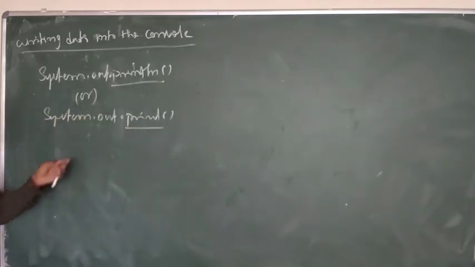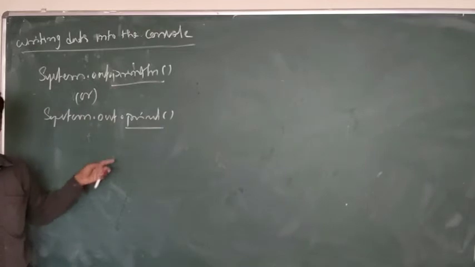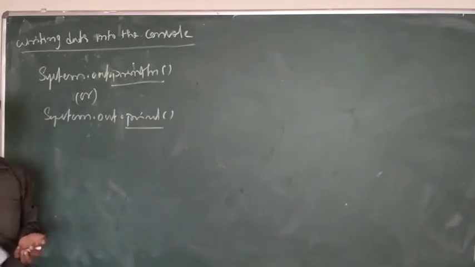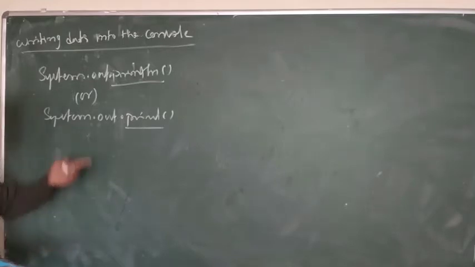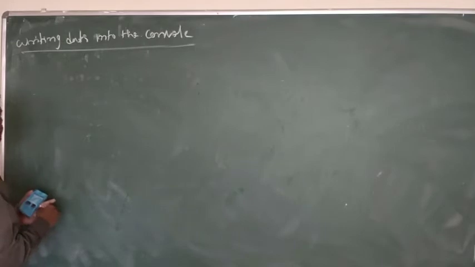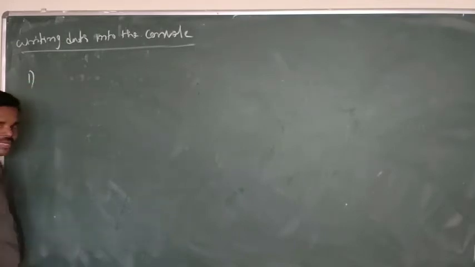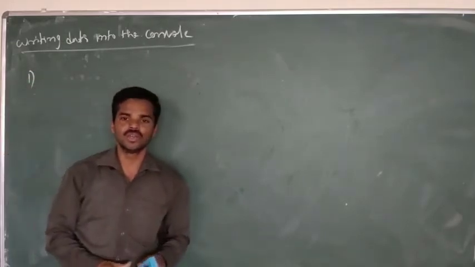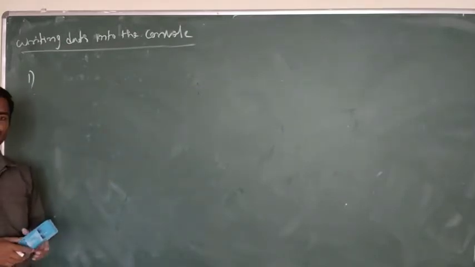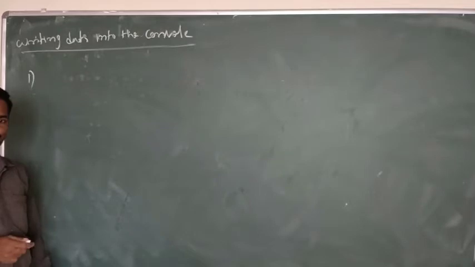Now we will discuss using these two methods one by one: how to display strings, characters or constants on the screen. For example, if you want to display any single character on the screen, we can do it by using single quotes for that character.